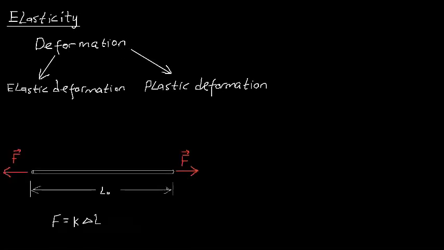This produces a change in length of the wire. Any further increase in the force would cause further elongation of the wire, or further change in length of the wire. If we recorded the values of force and the values of the elongation, or increase in length of the wire, and we plotted these values of applied force against the elongation, it would give us a graph that looks something like this.